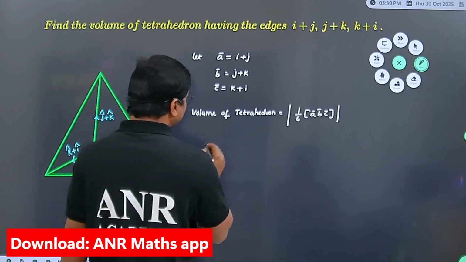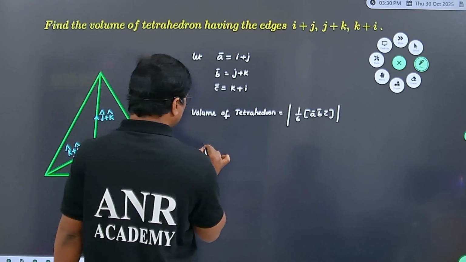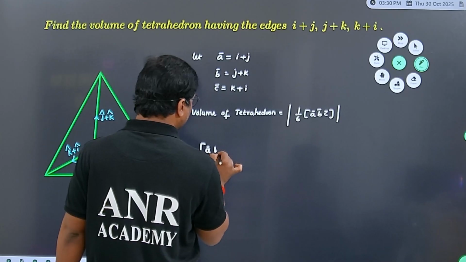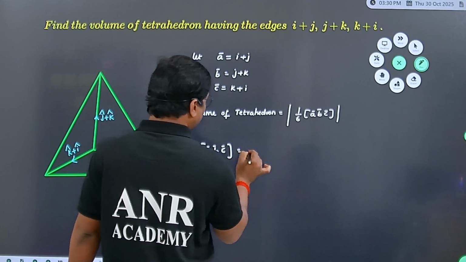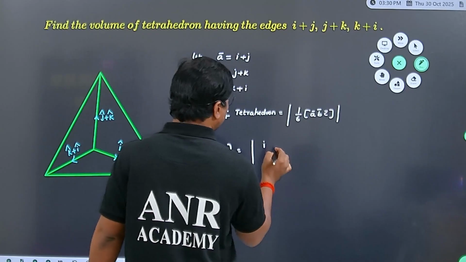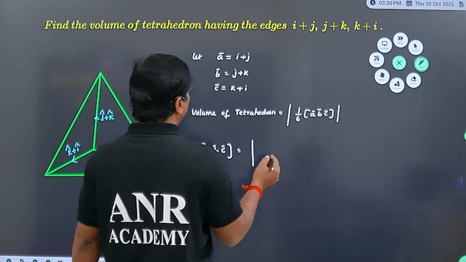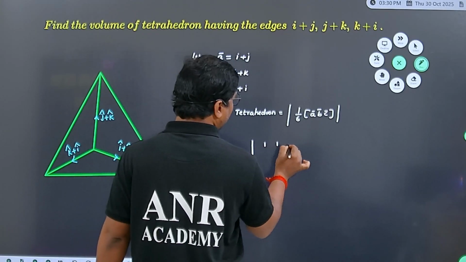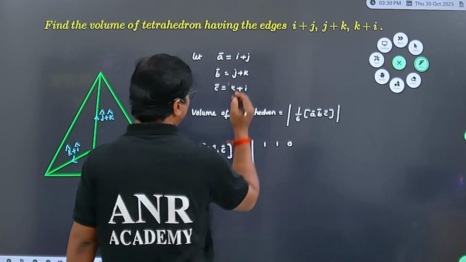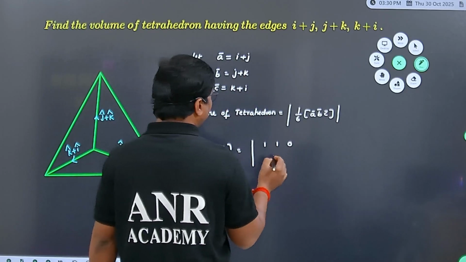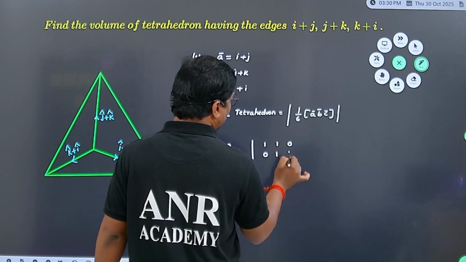Yes. First I am going to find box ABC value. I component, j component 1, 1. There is no k component, right? i, j components 1, 1. Next, in b bar 0, 1, 1.